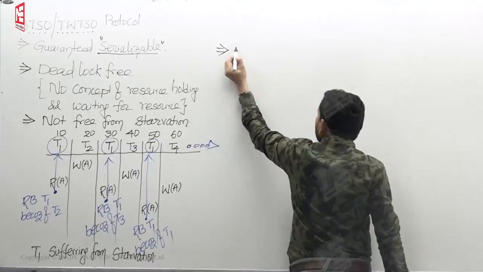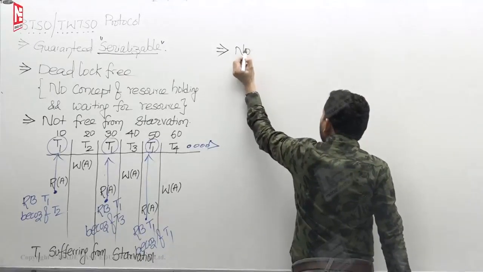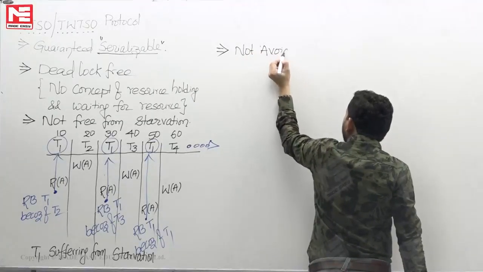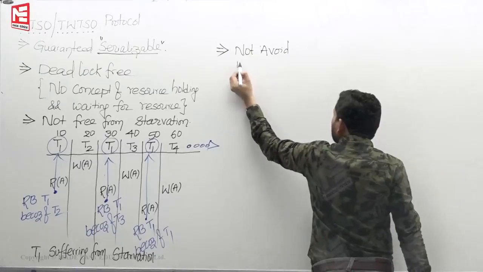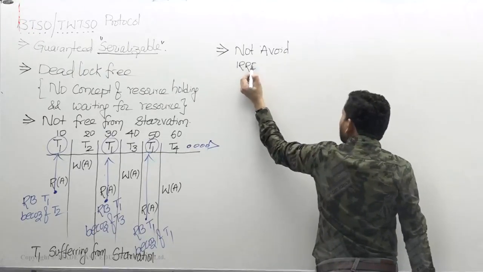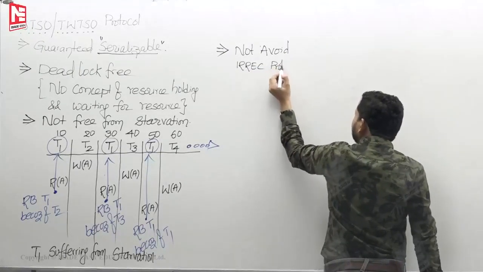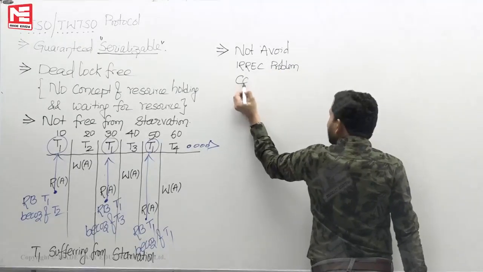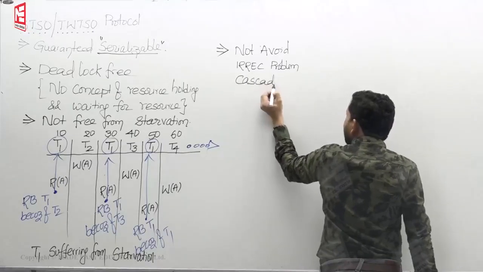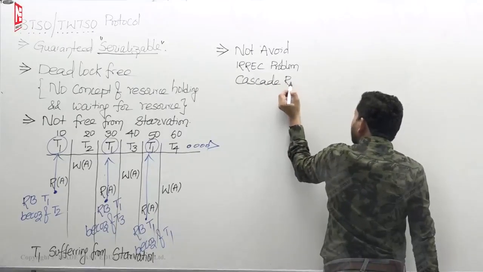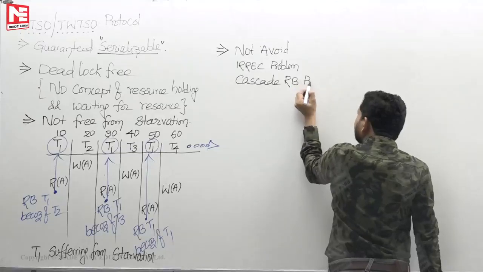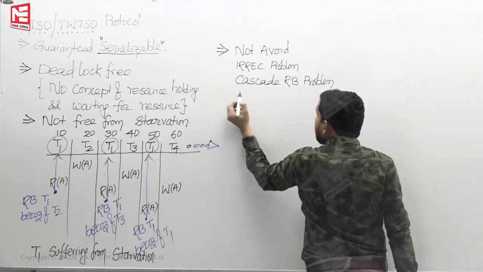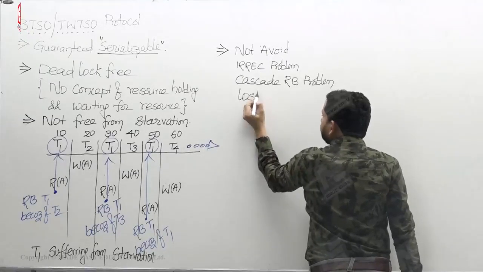These protocols do not avoid irrecoverable schedules, because strict recoverability is not satisfied. Cascading rollbacks can occur, and these protocols can suffer from the lost update problem.